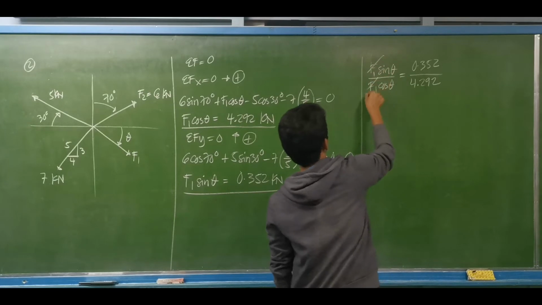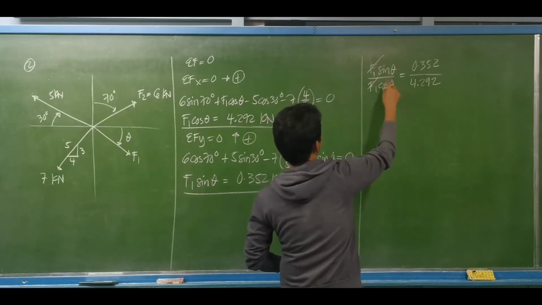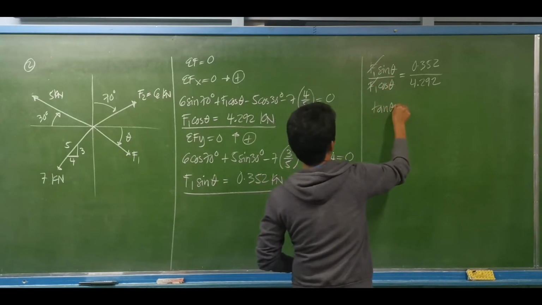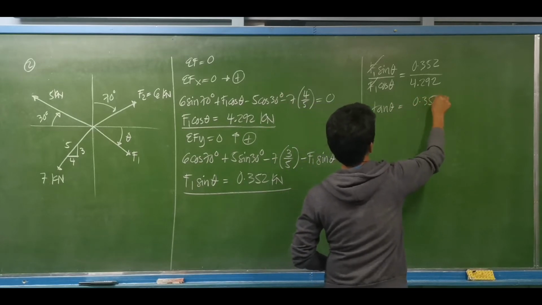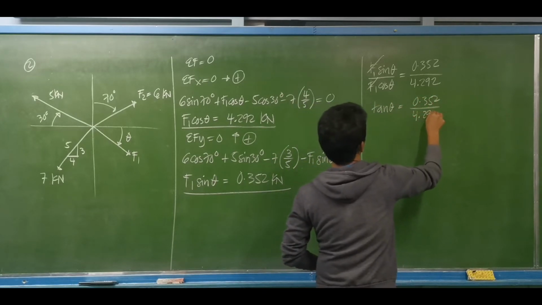We can cancel the F1, so sine over cosine is the same as the tangent of theta equal to 0.352 divided by 4.292.